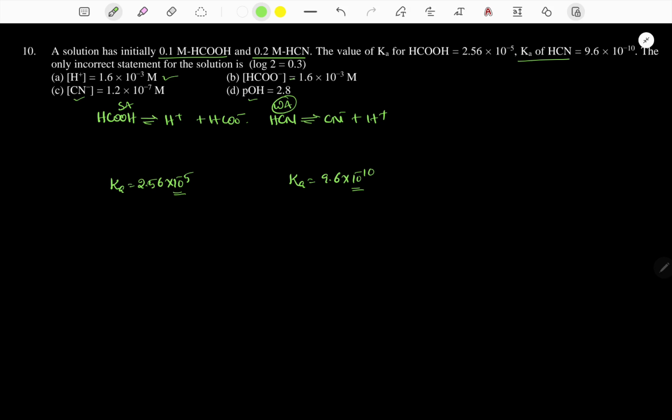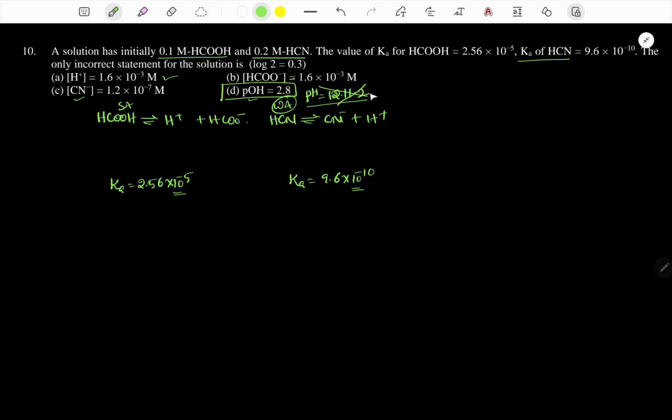Now here, without solving the numerical, we can solve the question. How? pOH is 2.8. That means pH equals 14 minus 2.8, that is 11.2. So pH is 11.2, not at all possible.